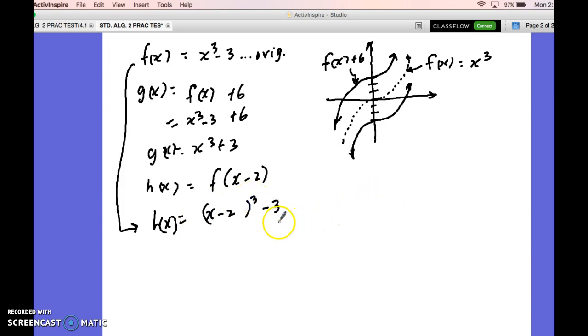So what does that look like? Well, here's what it looks like.